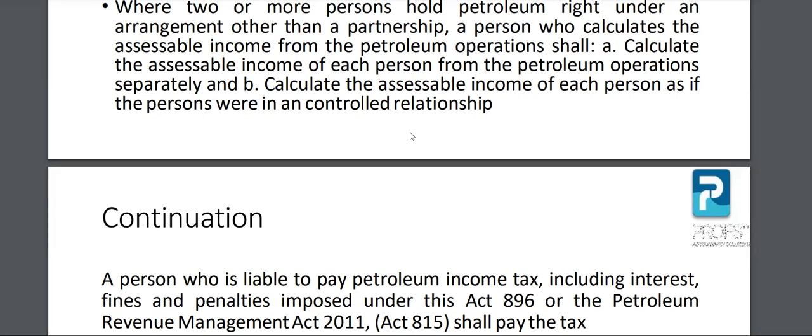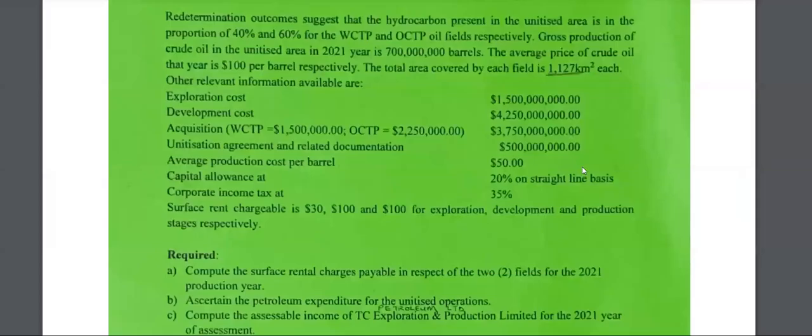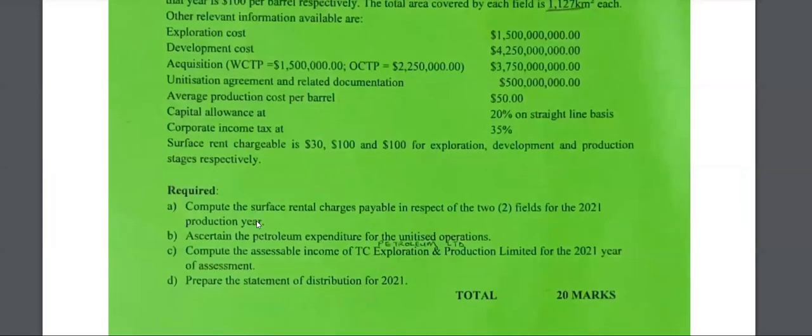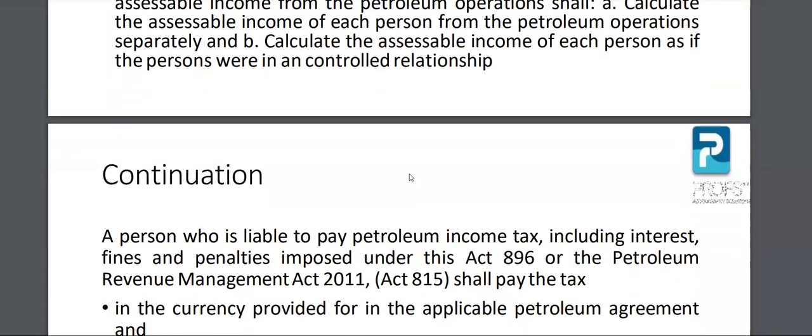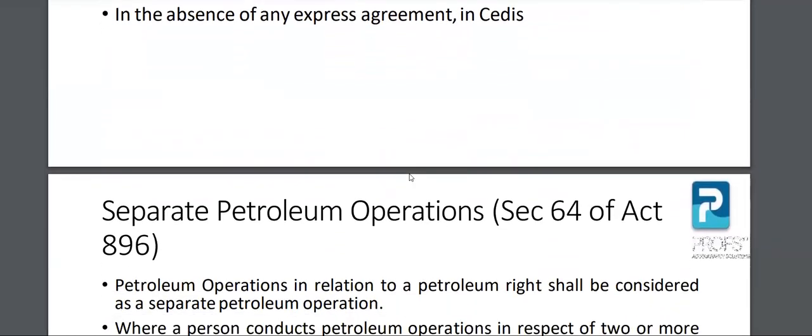Even though the statement of distribution is the last requirement, to ascertain the assessable income of TC Petroleum Limited, you will have to do the statement of distribution first, because that would help in the allocation of the respective revenues to TC. So basically, that is what it means over here. That is a general principle.